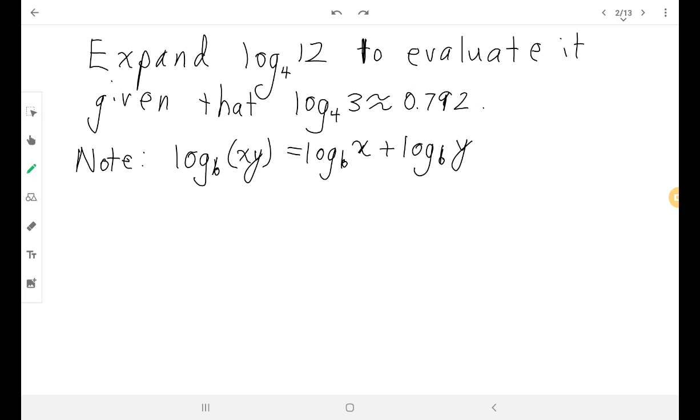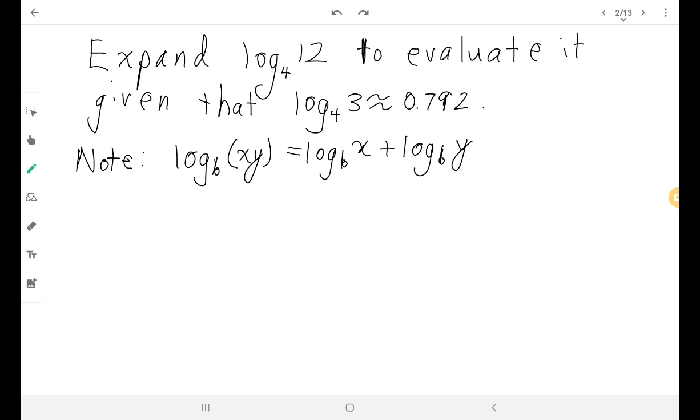Now, we say approximately equal to because logarithms, for the most part, unless they come out real nice and clean, are irrational numbers, usually. So that's why we have to give some rounded decimal approximation. In this case, we happen to be doing it to 3 decimal places.